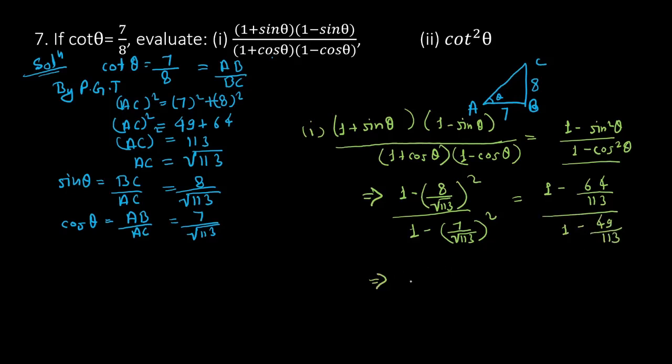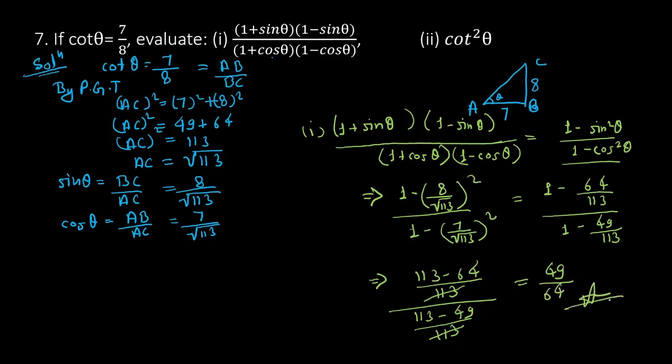Now 113 minus 64 upon 113, whole upon 113 minus 49 upon 113. The 113 is removed. Now 113 minus 64 equals 49 upon 113 minus 49 equals 64. It is the answer. This question is solved.